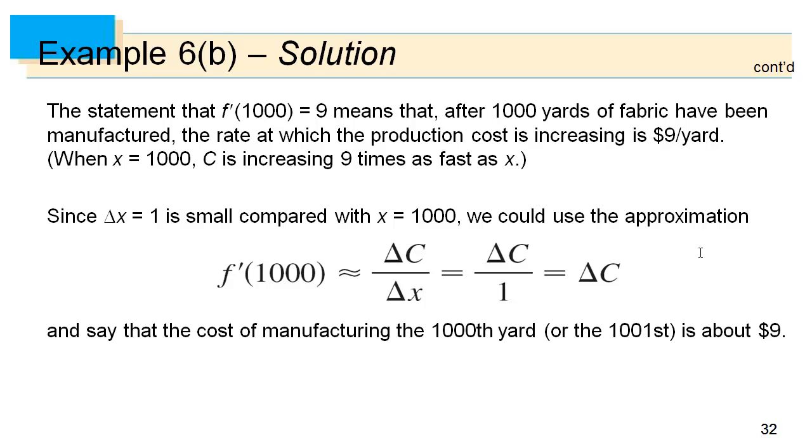So as you change from 999 yards up to the 1,000th yard, or from the 1,000th yard up to the 1,001st yard, thereabouts, because we're pretending like we can't do a fraction of a yard. But basically, when you're changing from 1,000 plus or minus 1, it looks like your cost is changing by about $9.